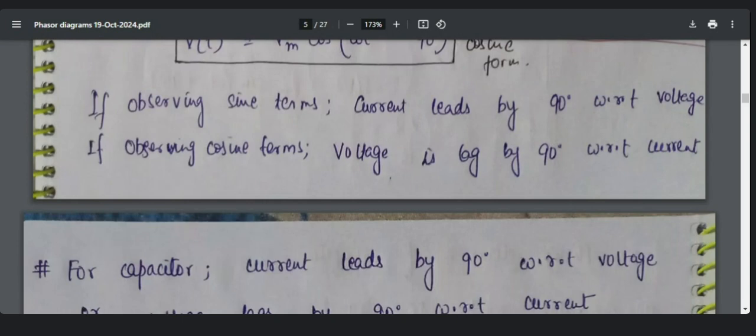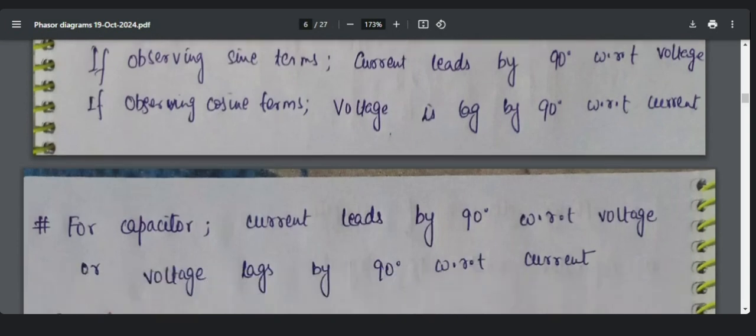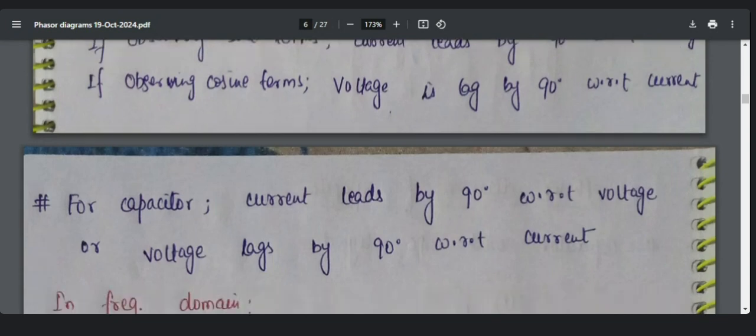Generally, in case of capacitor, current is leading. In case of inductor, current is lagging. Basically, what we remember is that for inductive load, current is lagging with respect to voltage, and for capacitive load, current is leading with respect to voltage.